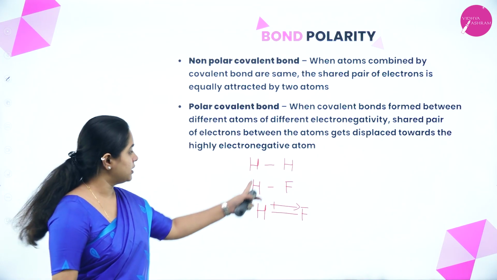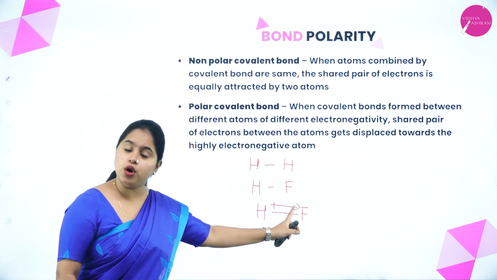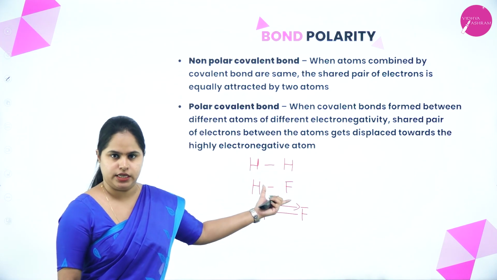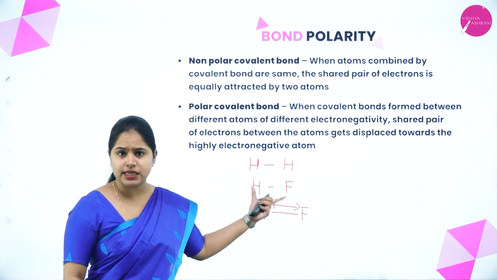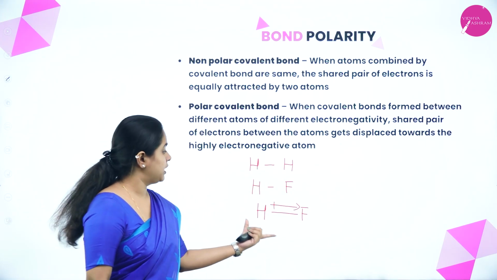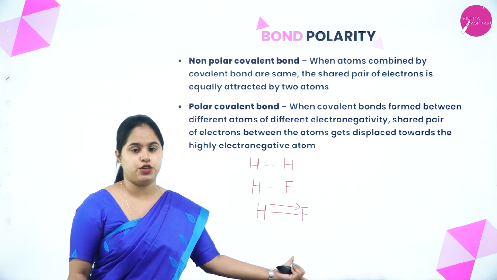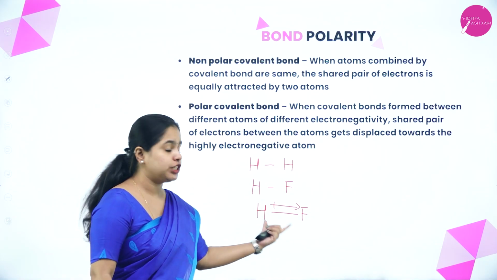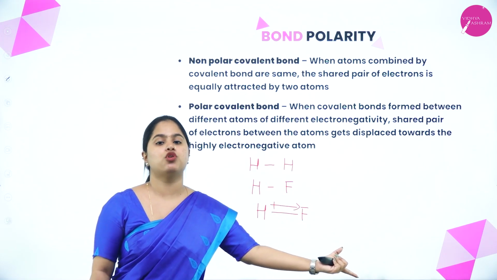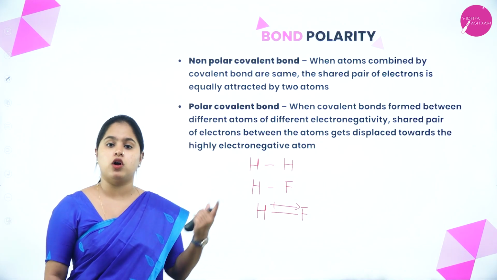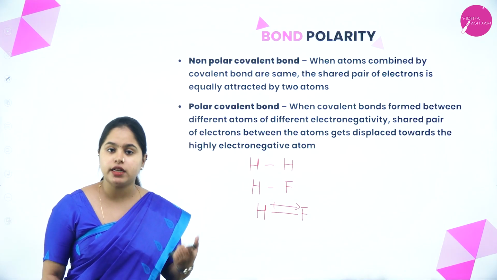The shared pair of electrons has an attraction towards fluorine. Clear? The hydrogen-hydrogen bond is an example of a non-polar covalent bond, because there is no polarity difference here. There is no comparison of electronegativity because both are hydrogen atoms. But in this case, as fluorine is introduced, an electronegativity difference arises and the shared pair of electrons will be attracted more towards fluorine. Such bonds are called polar covalent bonds.